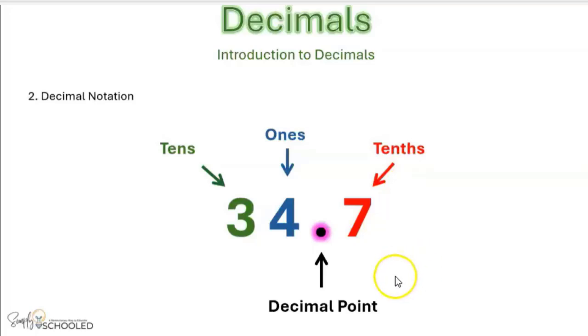So you can say this is 34.7, or if you have a number such as 0.6, you can call that 0.6. You can say point, but we're going to learn how to properly read and write decimal numbers.